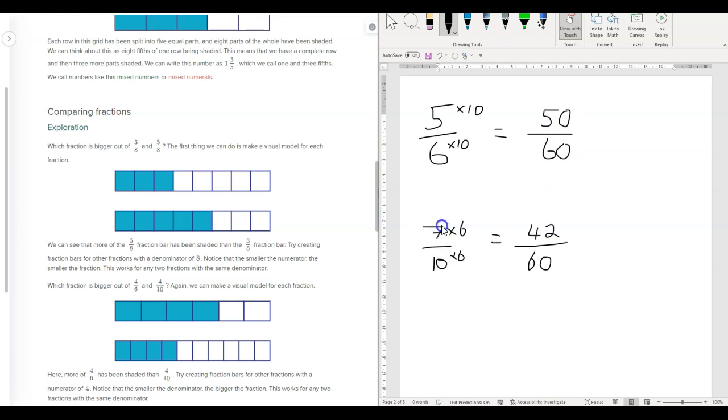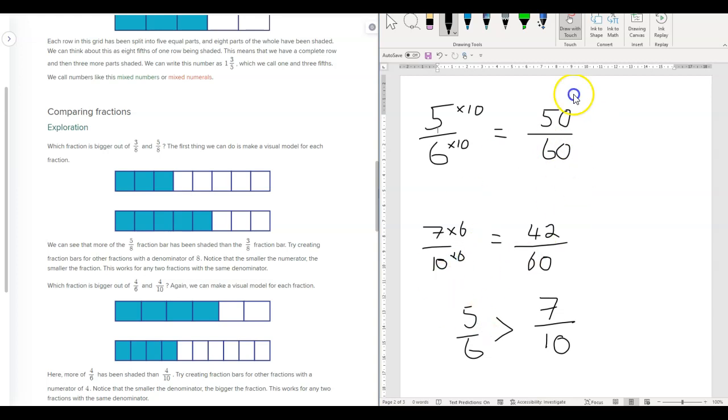So even though originally the 7 on the top is bigger, when we get them to be equivalent, we can see that 50 over 60, 50 is definitely a bigger number than 42. So we can say 5 over 6 is greater than 7 over 10. So we can mathematically show that because we've made them with the same denominator.